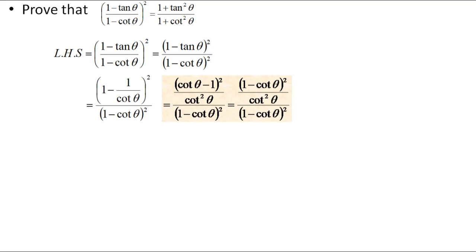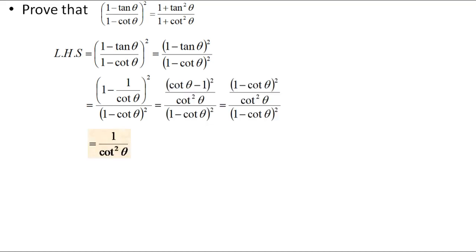Now (1 minus cot theta) whole square cancels and we get 1 by cot square theta. We know 1 by cot theta equals tan theta, then this expression equals tan square theta.